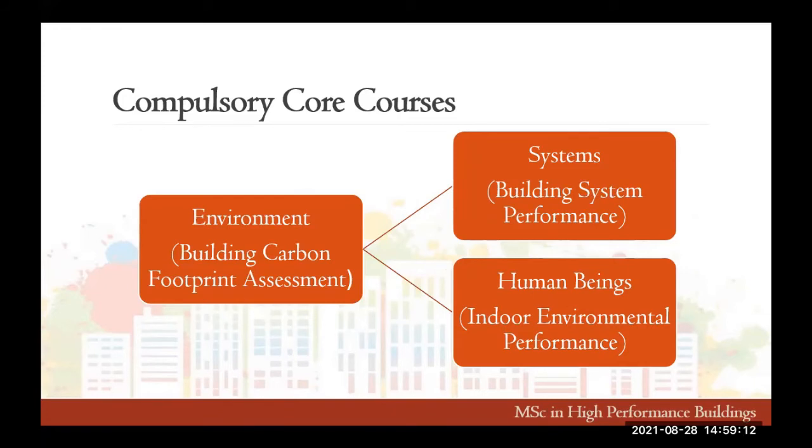So how can we design our systems such that we can reduce the carbon footprint? This is the whole aim of our building design. So we will look into the environment from this perspective under this course, building carbon footprint. This is the first semester course for you. You're going to take it on Friday.